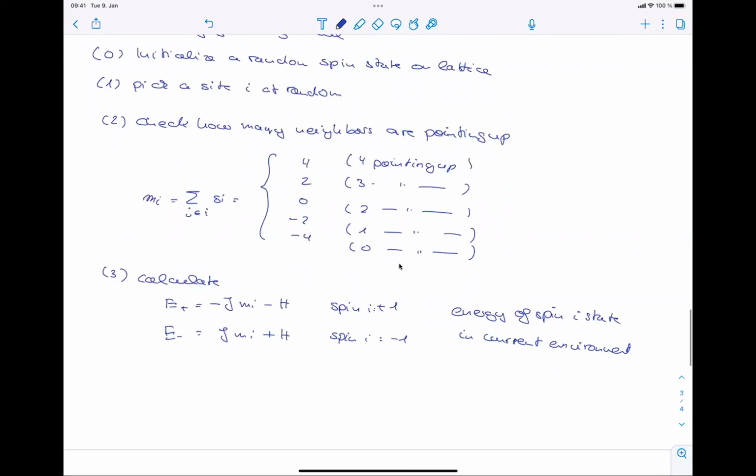And then the update is to decide which state it should be in to be in a thermalized state.